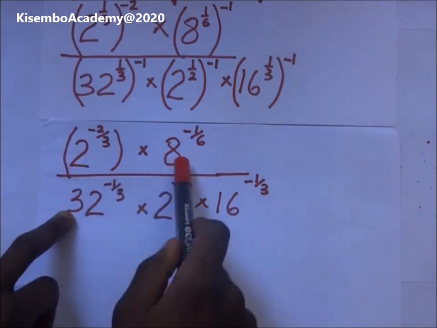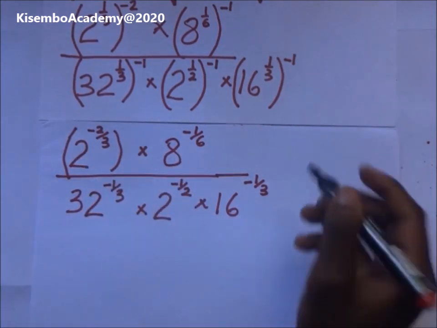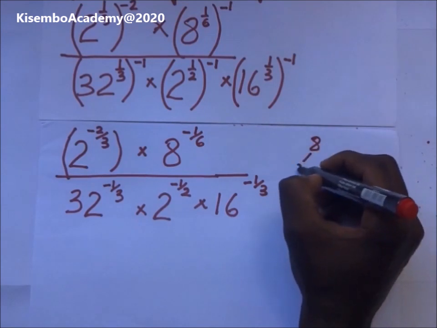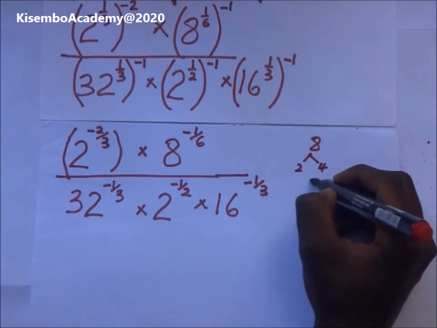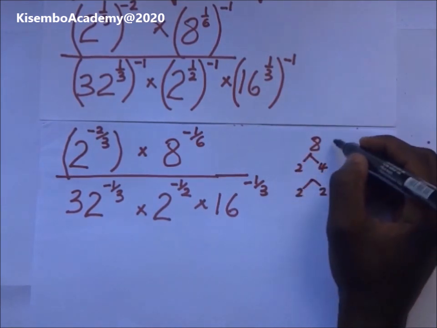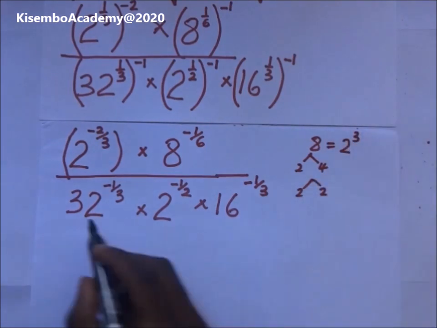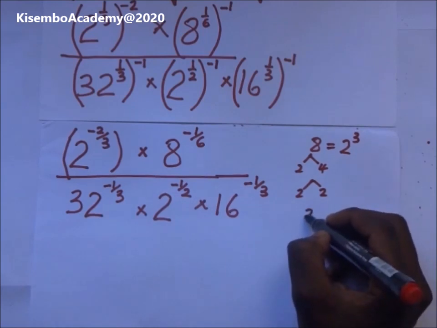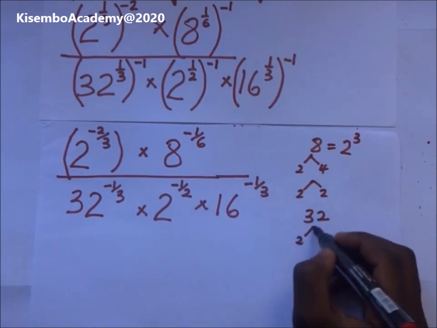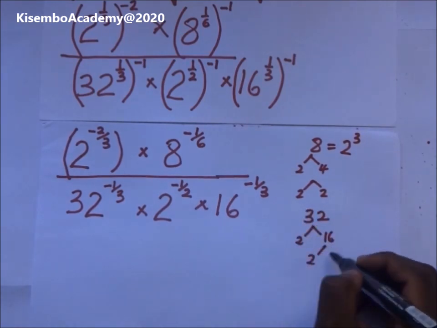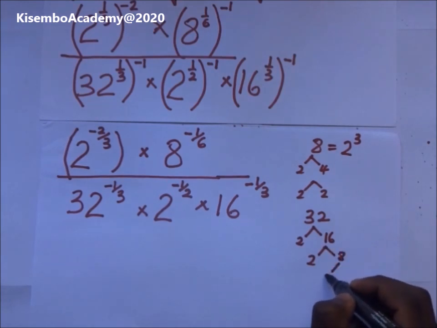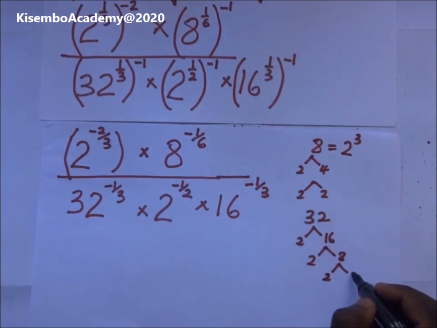So it means that we are going to take on 8. When you factorize 8, we know that 8 divided by 2 is 4, divided by 2 is 2. So 8 is the same as 2 to the power 3. Then if you look at 32, 32 divided by 2 is 16, divided by 2 is 8. Divide that by 2, you get 4, divided by 2 you get 2.